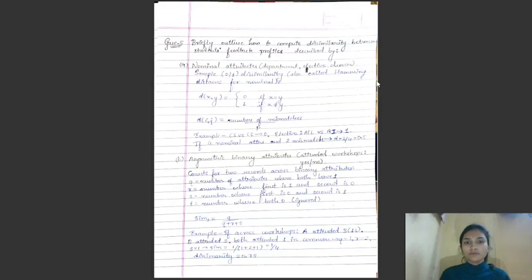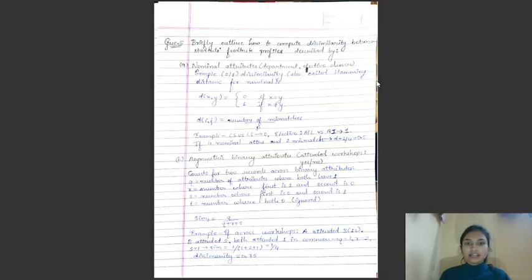Dij is the number of mismatches upon p. Example, elective ML versus AI is 1 and CS versus CS is 0. If there are four nominal letters and two mismatch, then d is equal to 0.5.